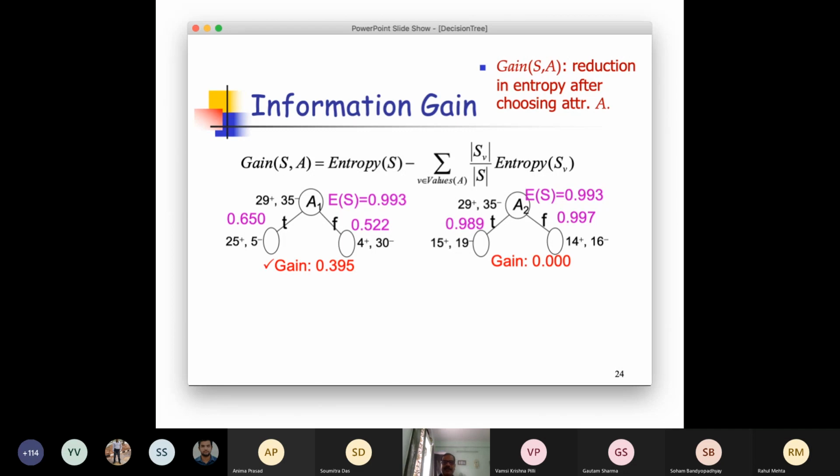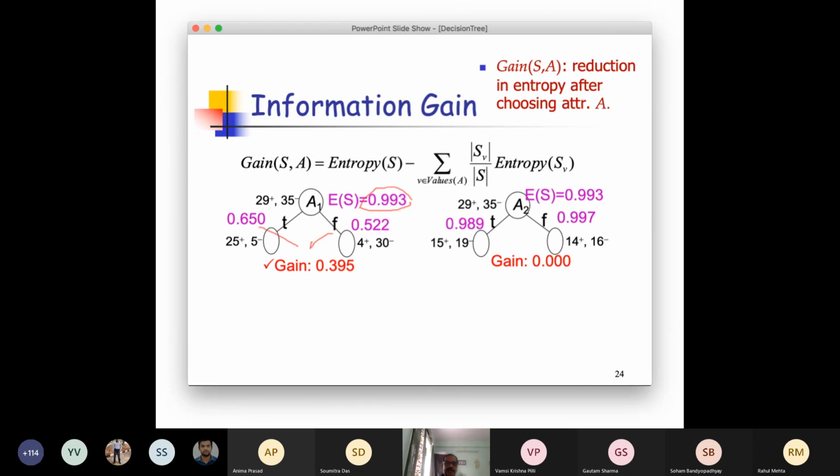So we have defined gain. Gain is the difference between the weighted average of the entropy of the partitions and the original entropy of the original set, that means the non-partitioned set, the whole set. Here the entropy of the whole set is 0.993, and the weighted average of these two would be in between.